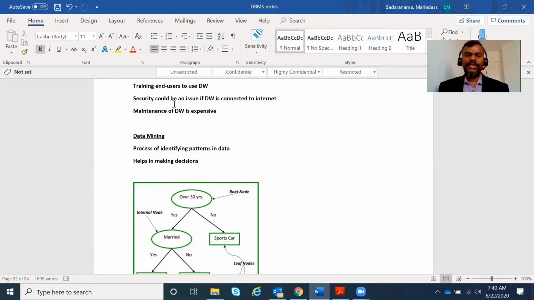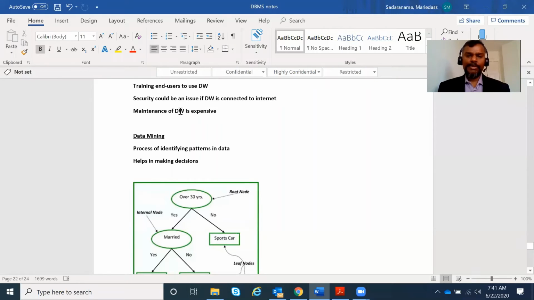I always say this. Every advantage comes with a disadvantage at least, right? Everything on the internet is easy to access. Yes, click of a button, centralized data. Sitting anywhere in the world, anywhere in the universe, I can get the data, yes, but it is always risk prone, right? So security is an aspect if it is connected to internet.